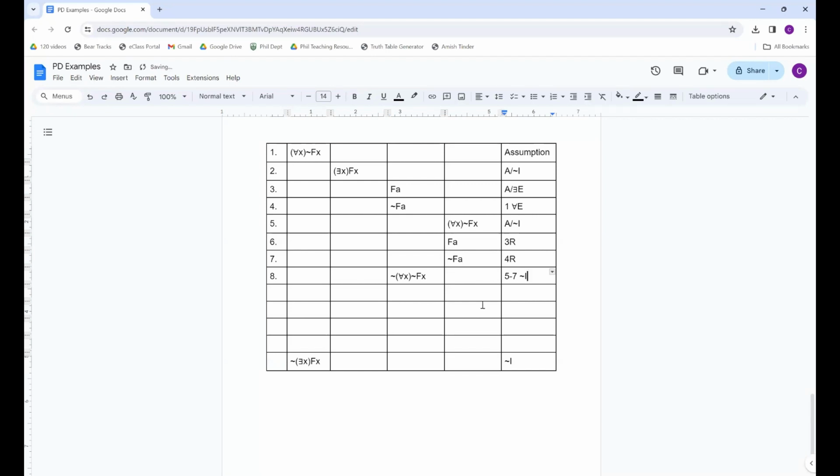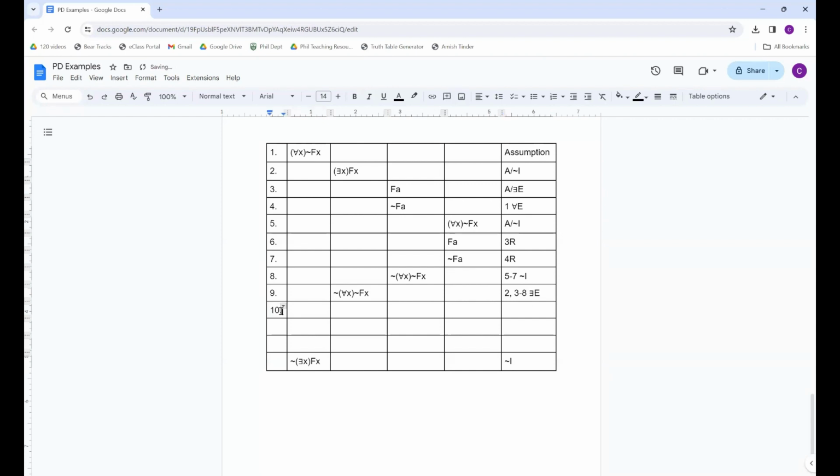introduction. And then this doesn't contain the constant a, which means we can use existential elimination to pull this out into this subderivation here. And we cite this by, this will be line 2 and then lines 3 to 8, existential elimination.